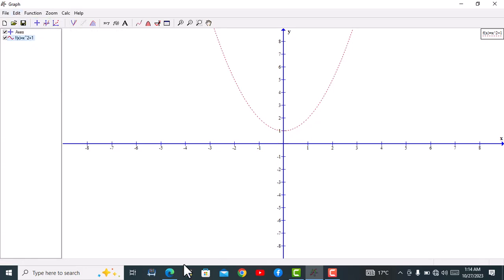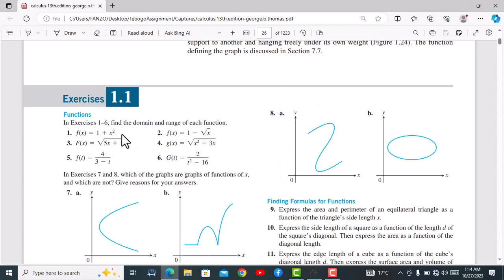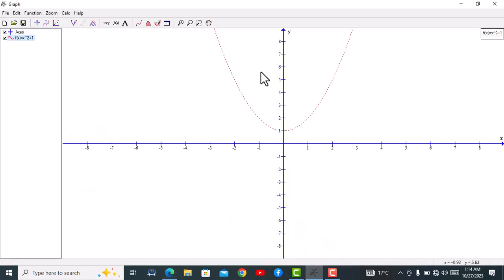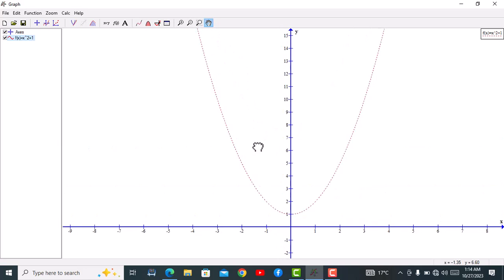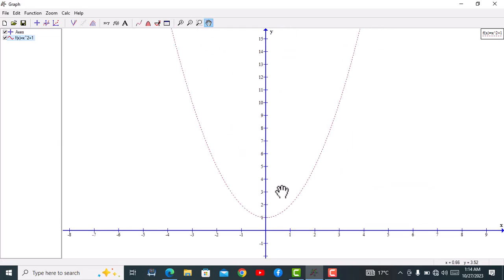So what we want to do there is to find the domain and the range of this function. We know that the domain, by just looking at this function that we have, remember the domains are the values of x, as you can see.